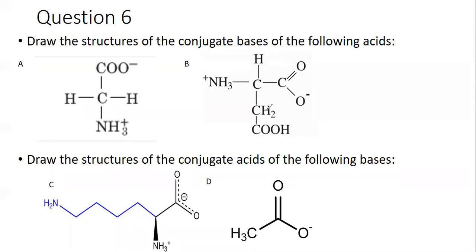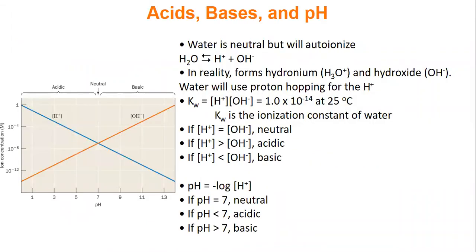All right. So just to continue on with acids and bases and how that relates to pH, what we're going to be concerned about in biochemistry, like we said last week, is water. The cell is 70% water.